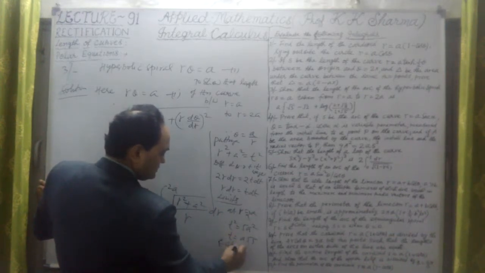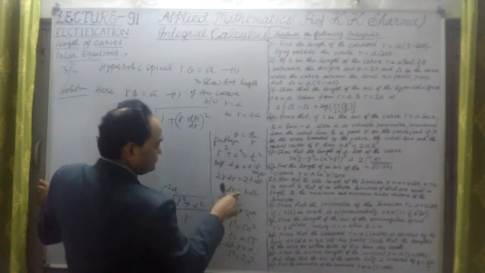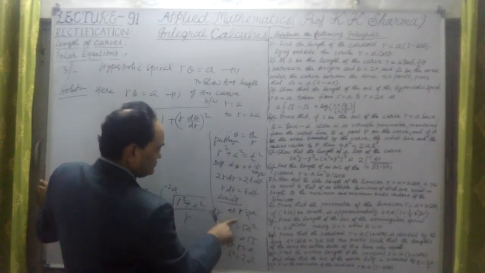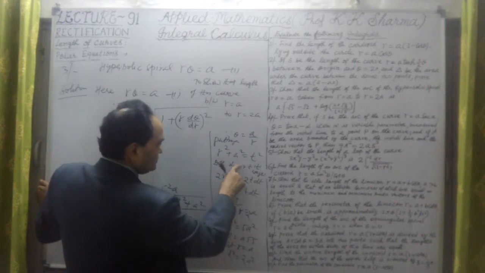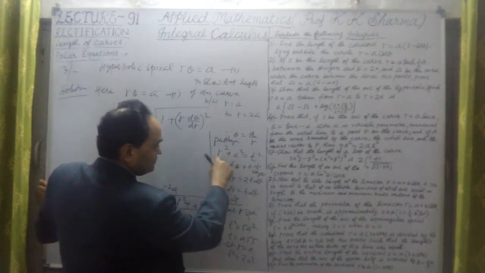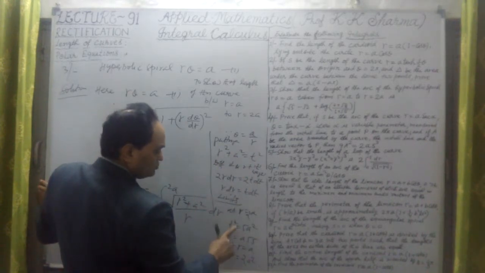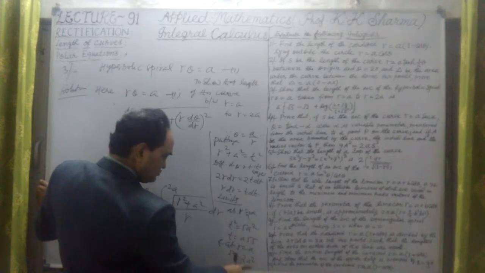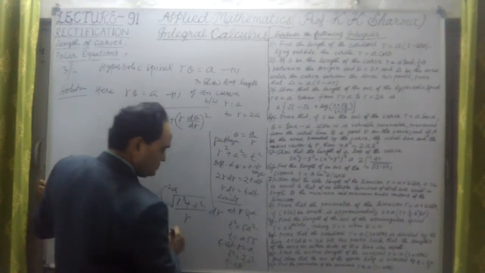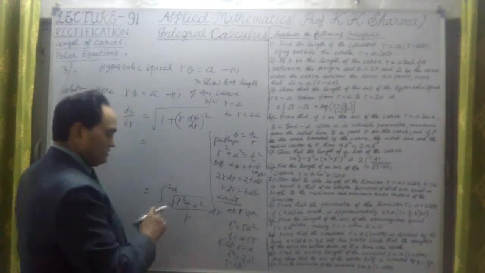And at r equal to a, t square is equal to twice a square, because a square plus a square. So t equals a root 2. The lower limit is a root 2, the upper limit is a root 5 in terms of t.